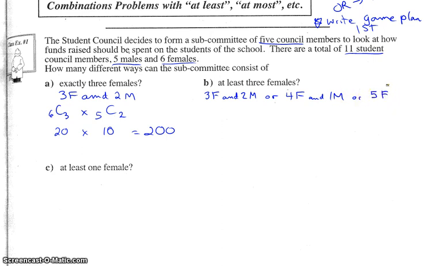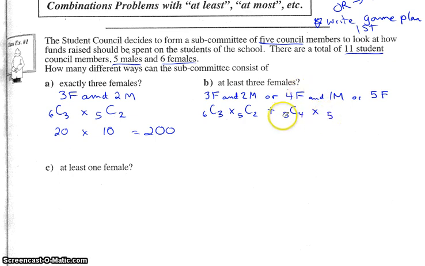Now that you've got the game plan written down, ands are multiply, ors are add, and you just translate the 3 females, 2 males into combinations. So 6 females, choose 3, and so multiply, 5 choose 2 for males. The word or, plus. 4 females, and so multiply, 1 male, so 5 males.